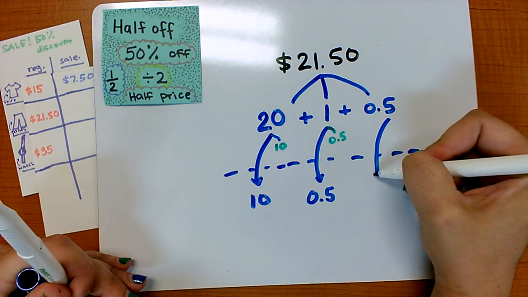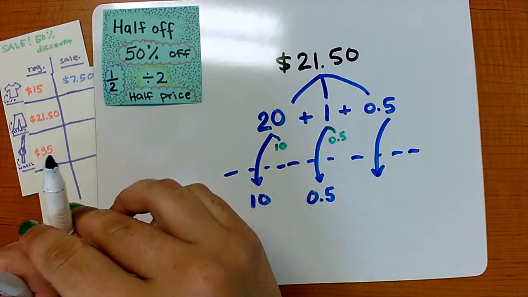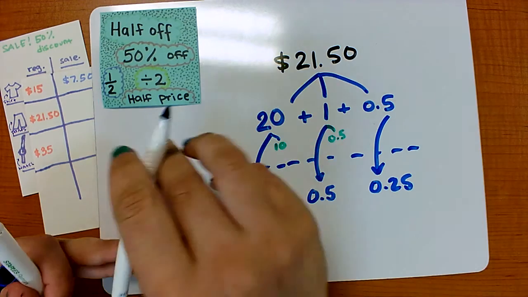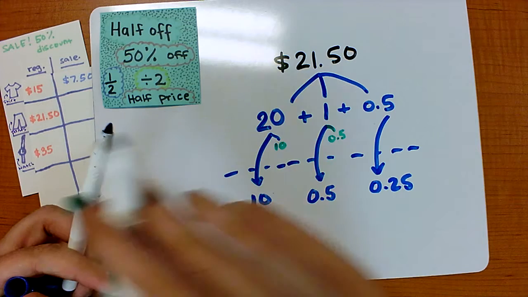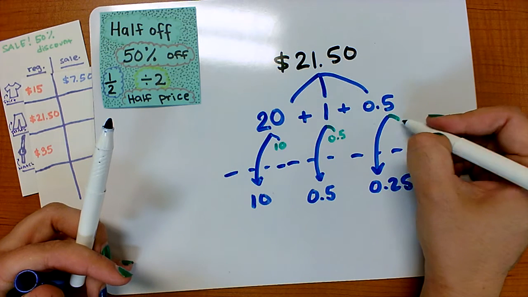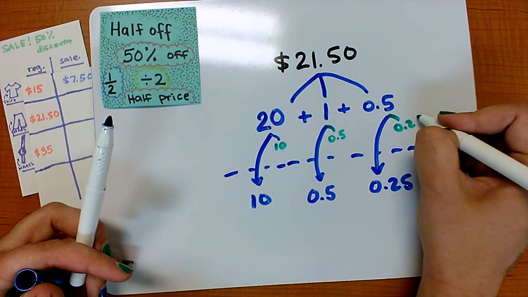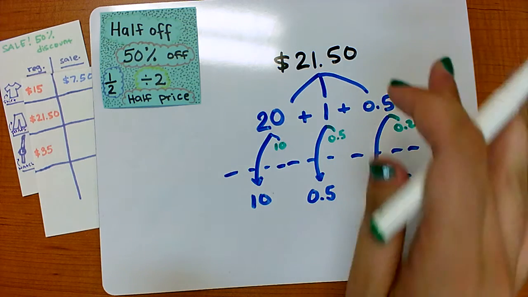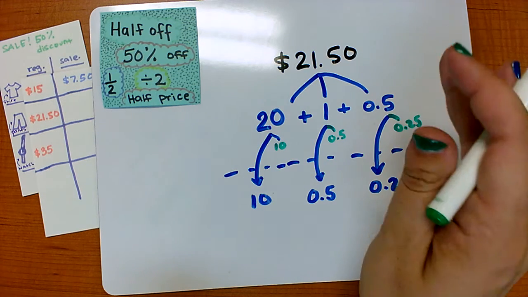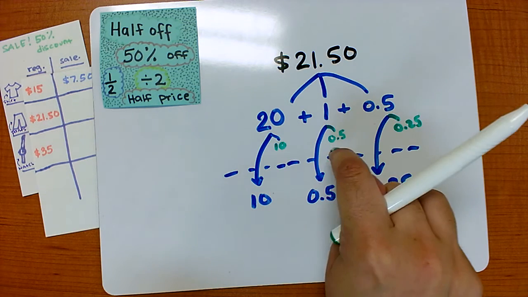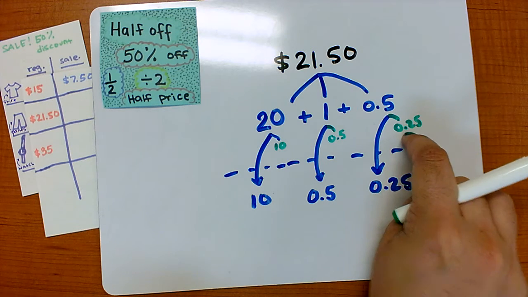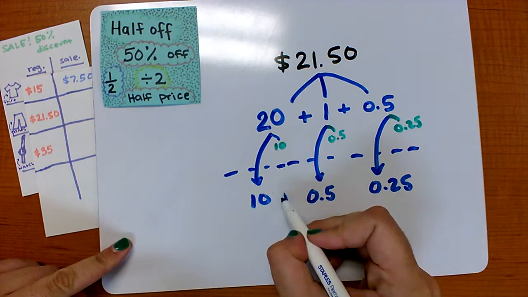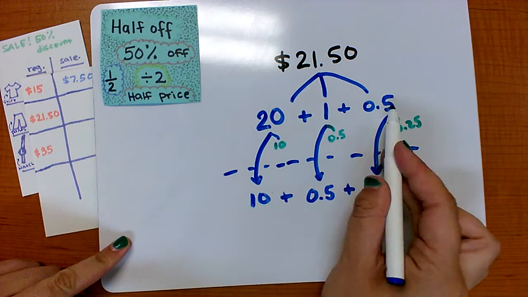And my 50 cents, half of that is going to be 25 cents. 1/4. And the other half, the other quarter, is here. Usually I don't even write it, but just so we can see it. 10, 0.5, 0.25. All right. We have half of each part.